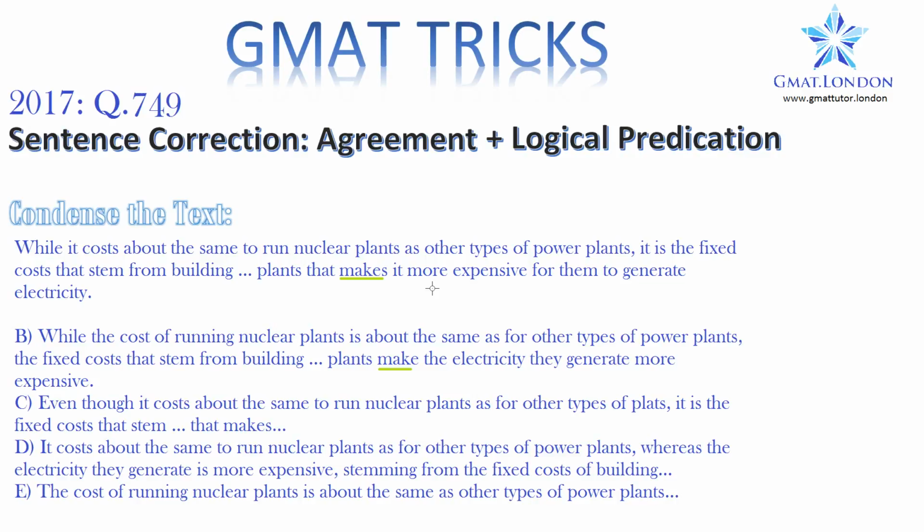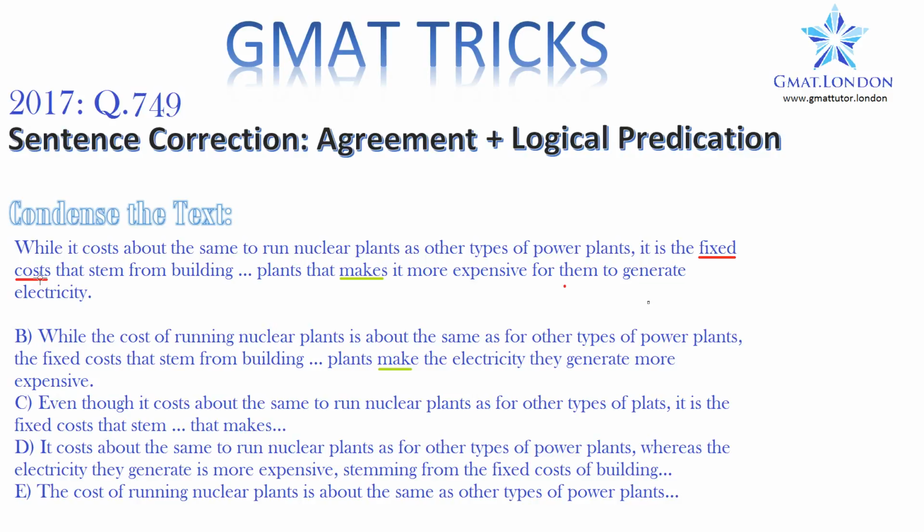No, can you spot what makes it more expensive? It would be the fixed costs that makes it more expensive. Now, does that sound exactly right to you? Is it Jimmy makes it more expensive, or Jimmy's toys make it more expensive? When you have a plural subject, fixed costs, what should come after?